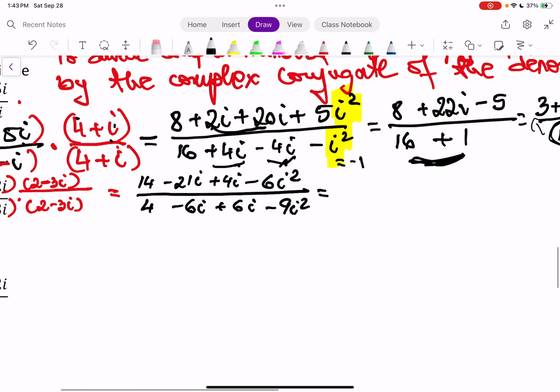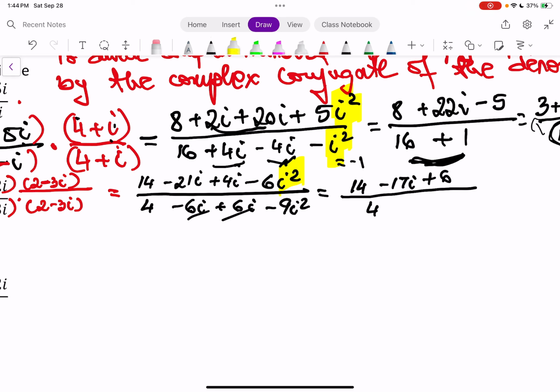Switch any i squared into a negative 1. It's negative 17i, and again, i squared equals negative 1. Negative 1 times the negative 6 up front makes it a positive 6. These two guys are gone. They add up to 0 i's.